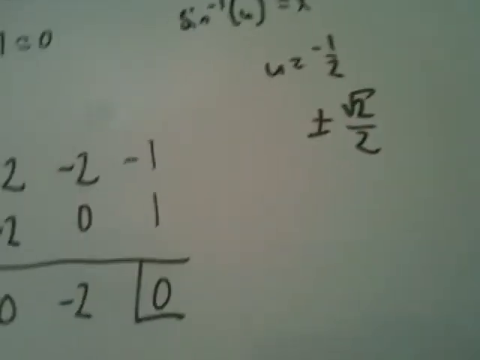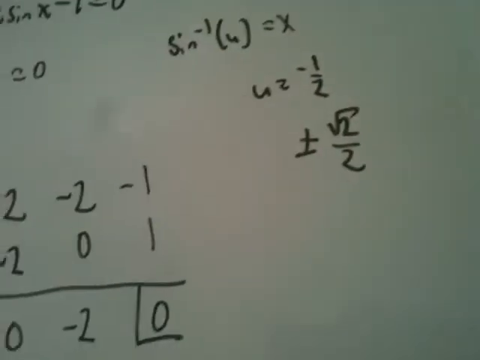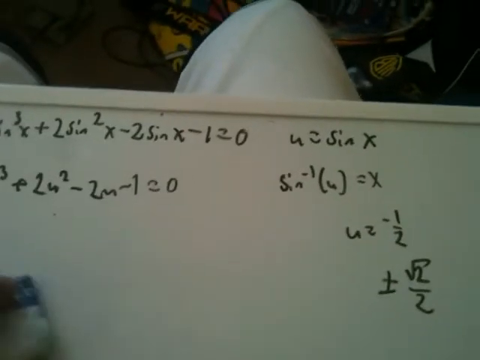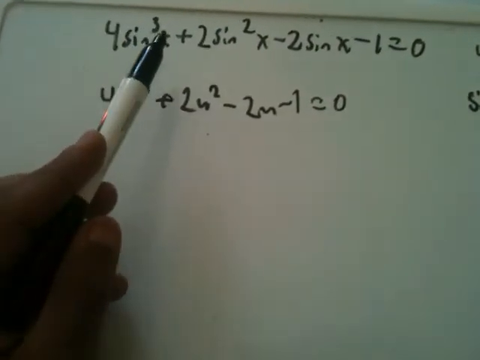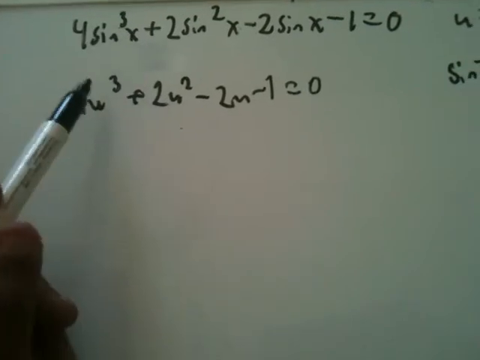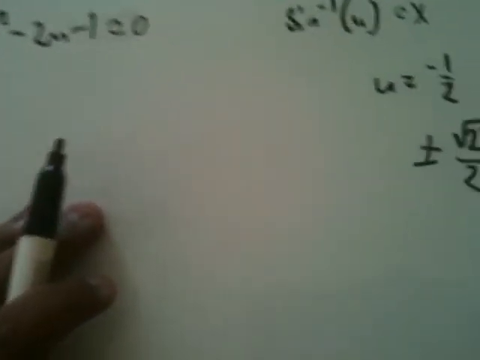Now that we have u, we can actually take the inverse sine of each of those and find our angle values. Because in our original problem here, we're finding angles. Here, we just found u's, which correspond to the values of the ratio.